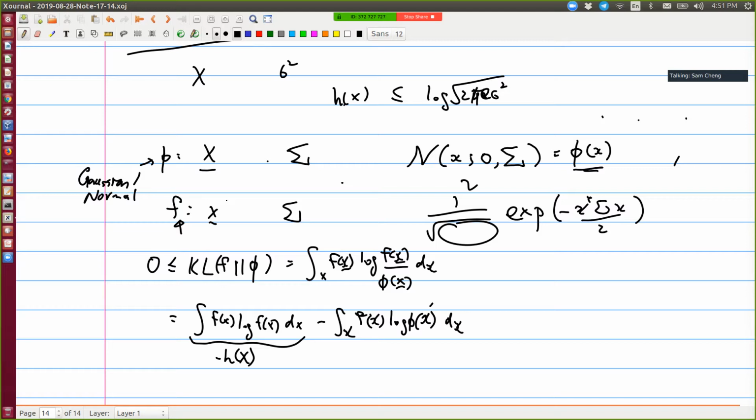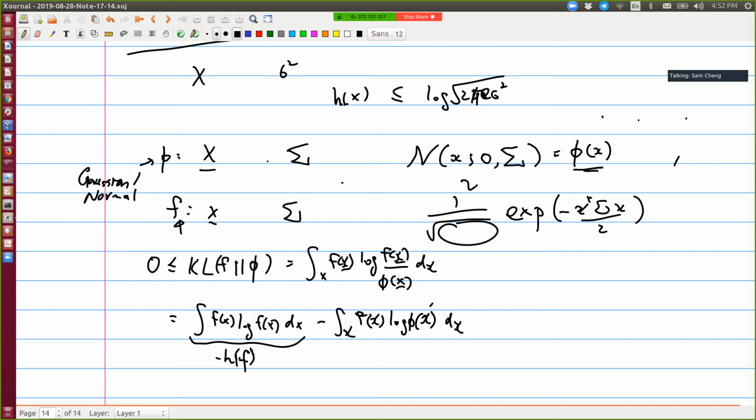You remember that the entropy should depend on the distribution of x rather than x itself. So here I probably want to write h of f to avoid confusion.